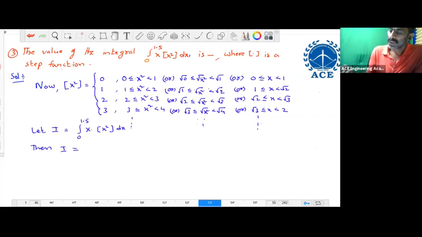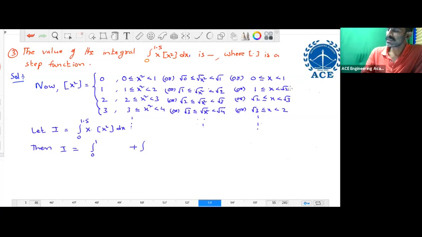So this or this or this only. Step of x square changes value at the points 1, root 2, root 3, 2, and so on, right? So after 0, we break it at 1. Integral 0 to 1 plus 1 to root 2.